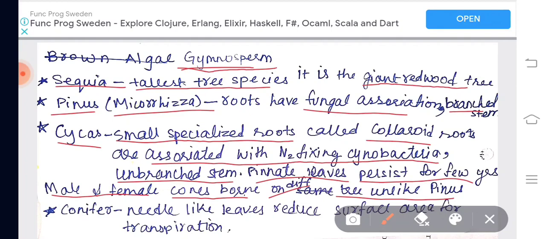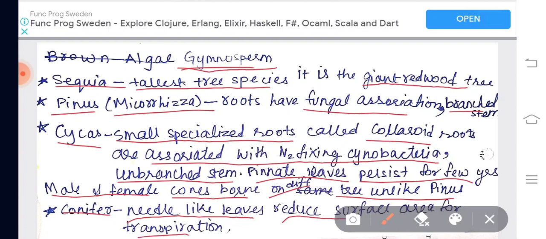It means that in cycas the male and the female gametes are borne on different trees, unlike pinus, because in pinus the male and the female gametes are both borne on the same tree. Then conifer, it has needle-like leaves which reduce the surface area for transpiration.